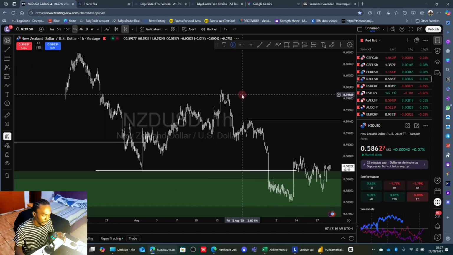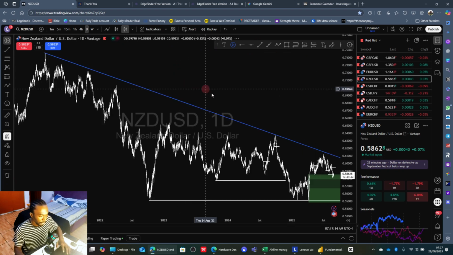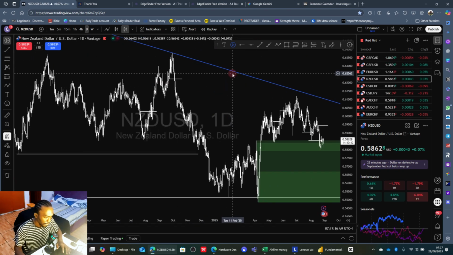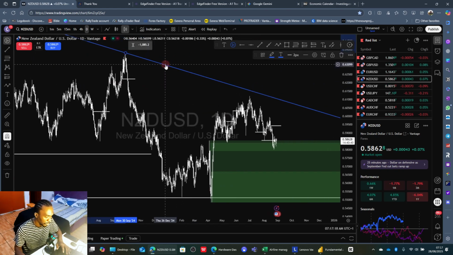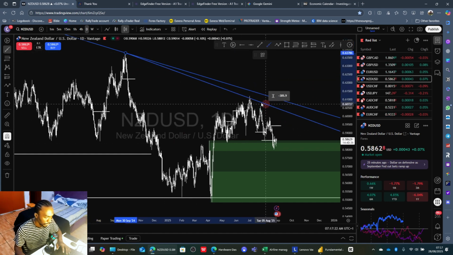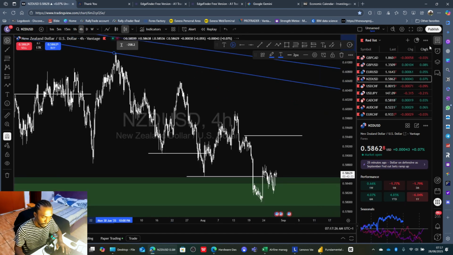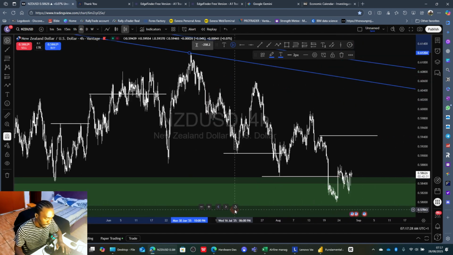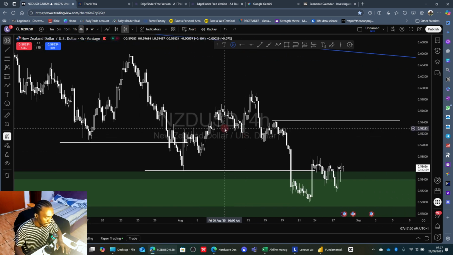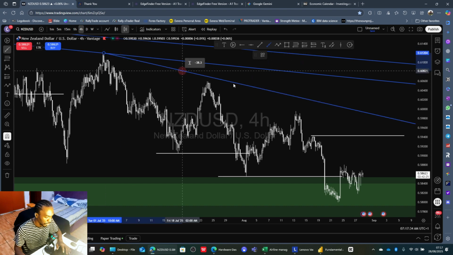In my opinion, even with trend lines, let's do the trend line analysis. For those who trade trend lines, this first one was the weekly trend line, and then you put up your daily. So the daily driver is this. On your 4 hour, you have multiple trend lines to see.